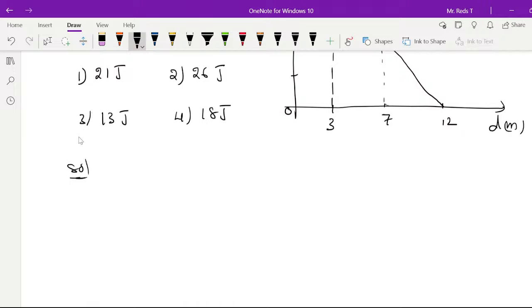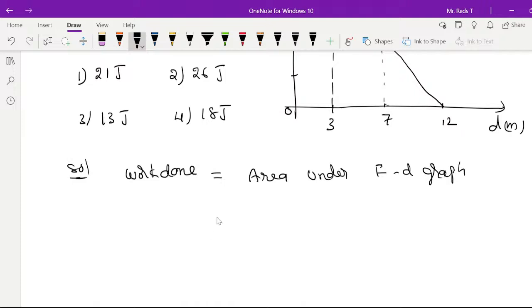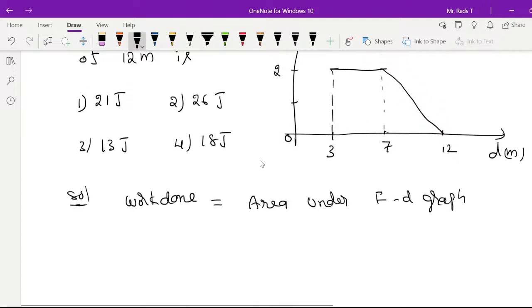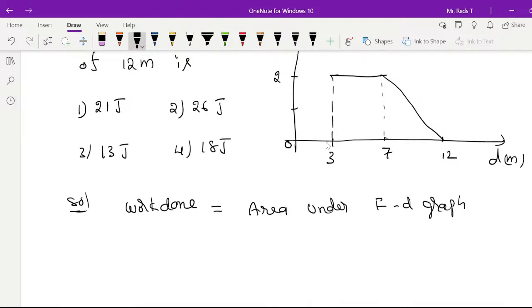the work done is equal to the area under the force displacement graph. Work done is equal to area under the F-s graph. Here s is displacement, d, so the F-d graph, right? Now, if you observe the area, if you mark this as A, B, C, D, E, here ABCD is a rectangle and DCE is a triangle.